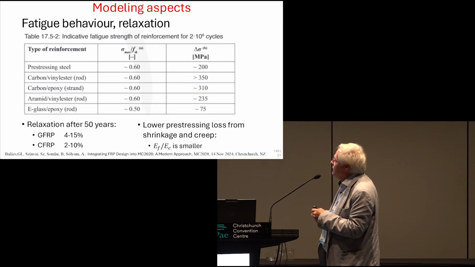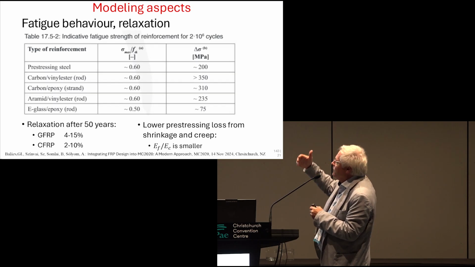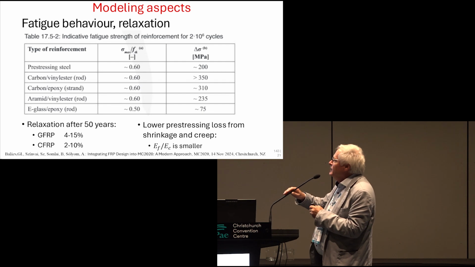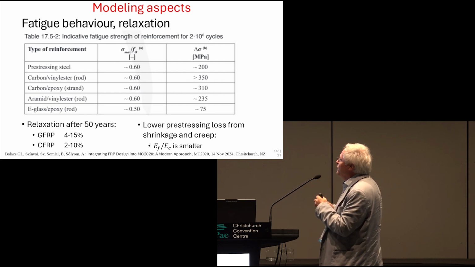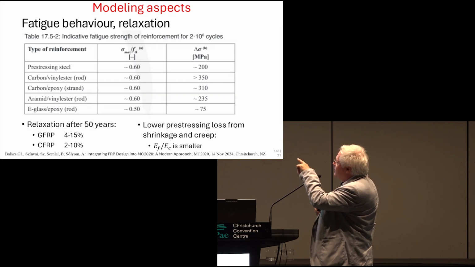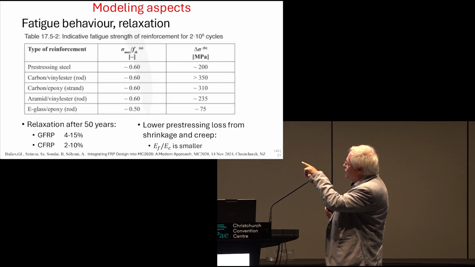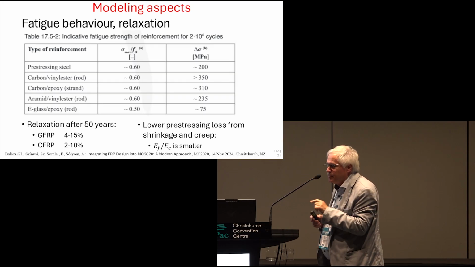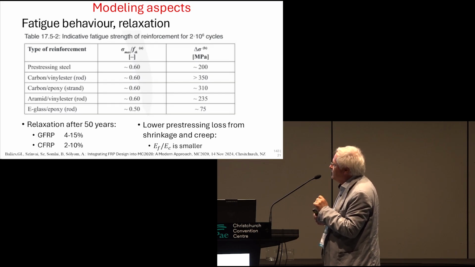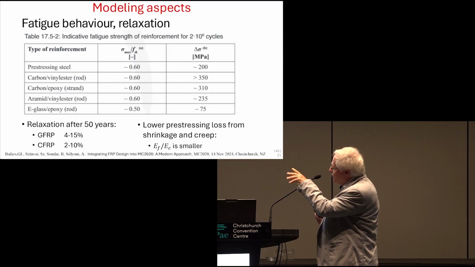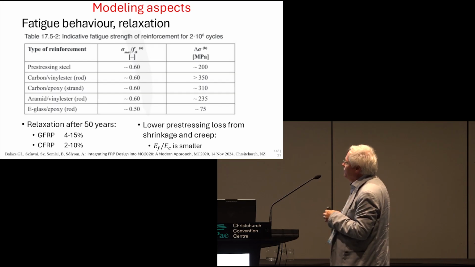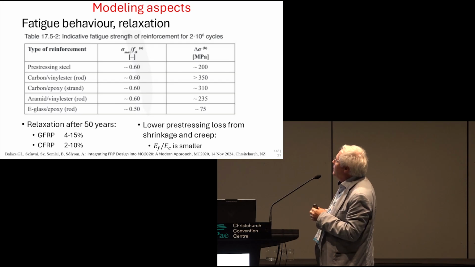The pre-stressing level related to the fibers has different maximum values of the fatigue load: 60% for steel, and also 60% for carbon fibers, and a little bit lower, but not much lower, 50% for glass with epoxy.